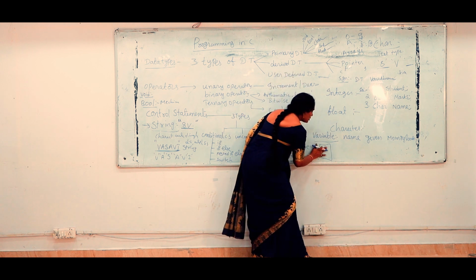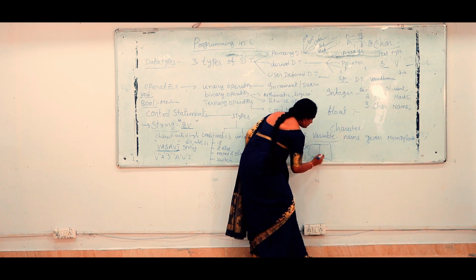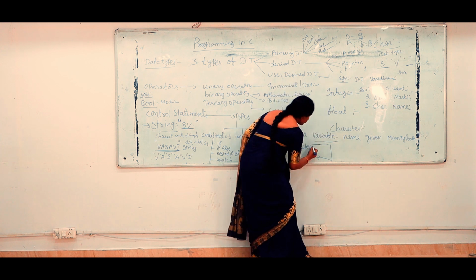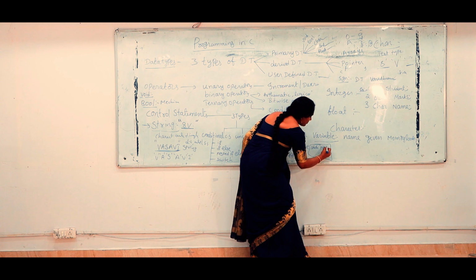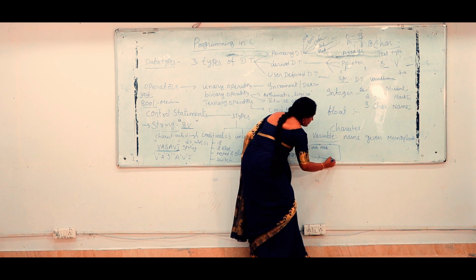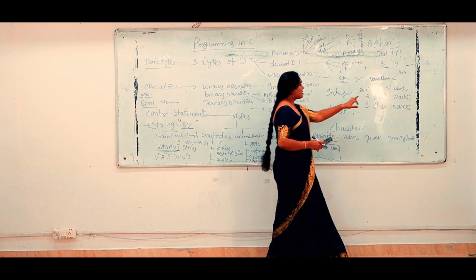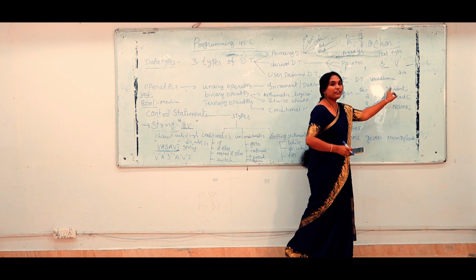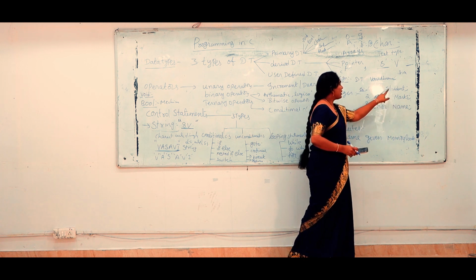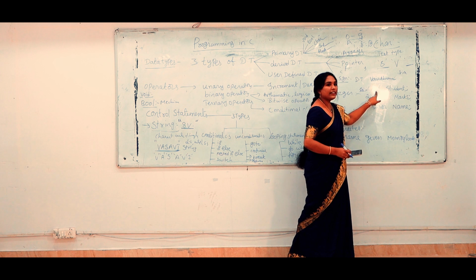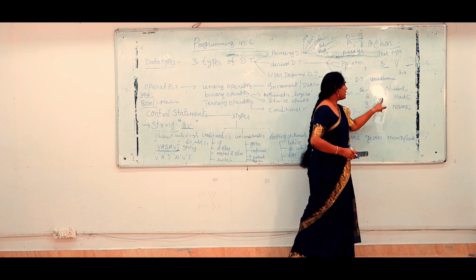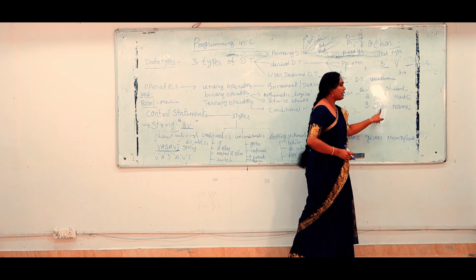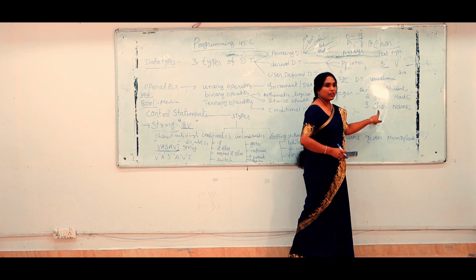First is student, second is marks, and third is name. Are these three the same data type? No, these three are different data types. Student is the integer data type. Marks is the float data type. Name is the character data type.